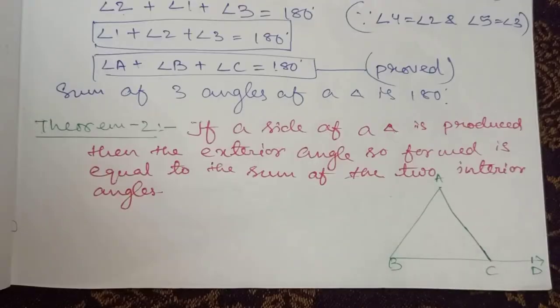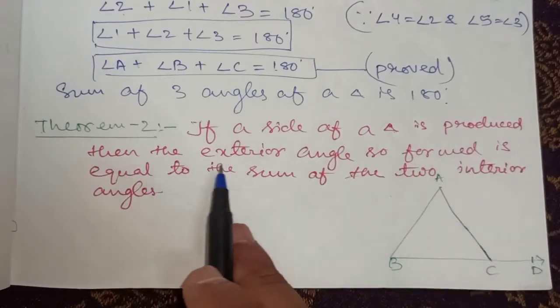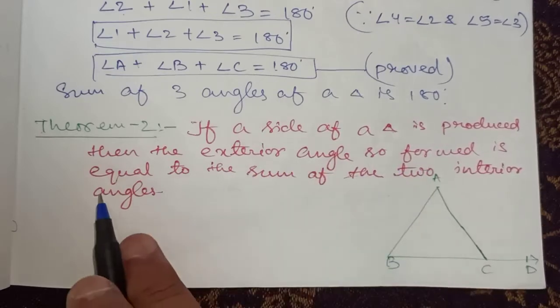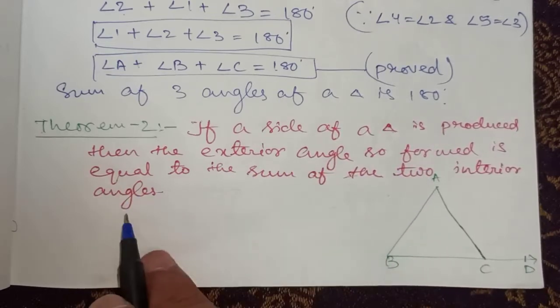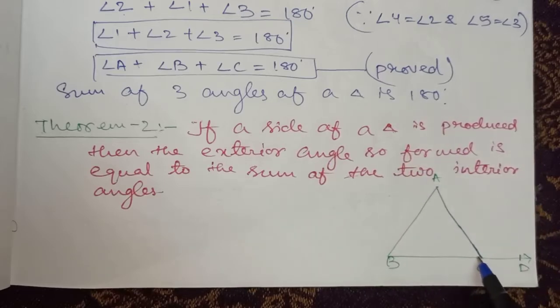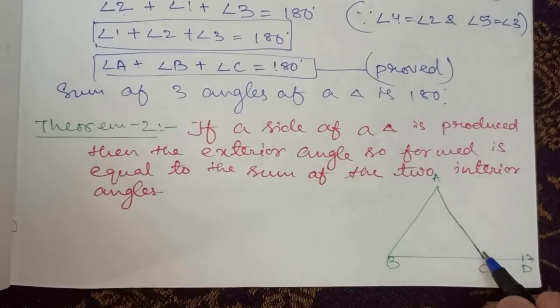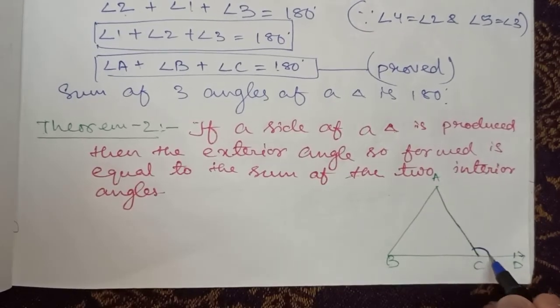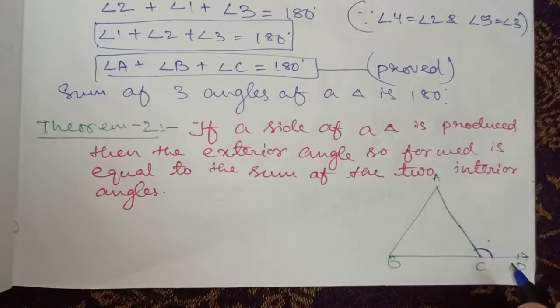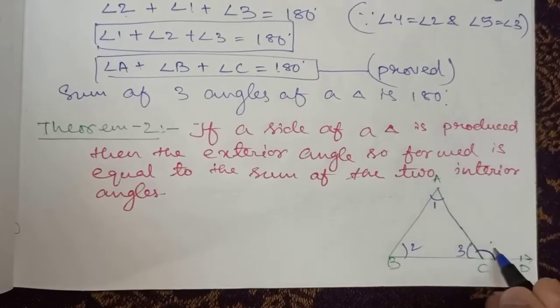Now the second theorem. The second theorem says that if a side of a triangle is produced, then the exterior angle so formed is equal to the sum of two interior angles. If a side is produced, it means it is increased a little extra. Suppose I number the angles as 1, 2, 3 and 4.